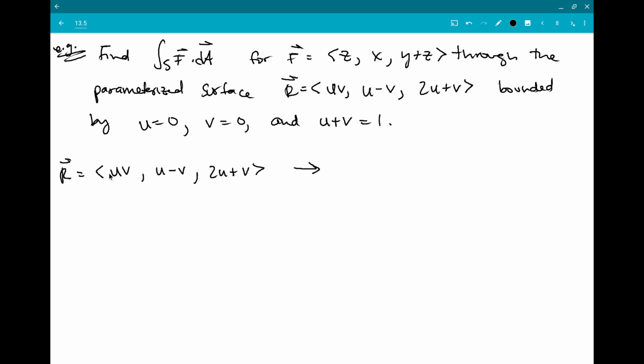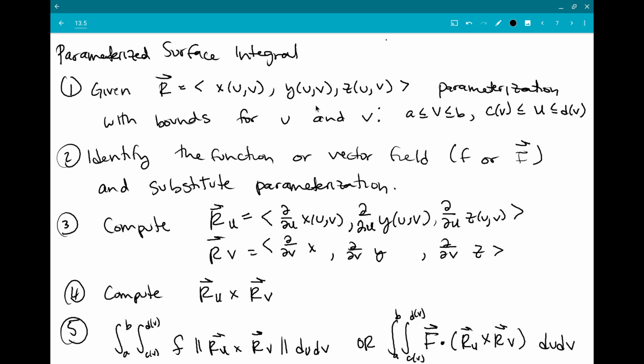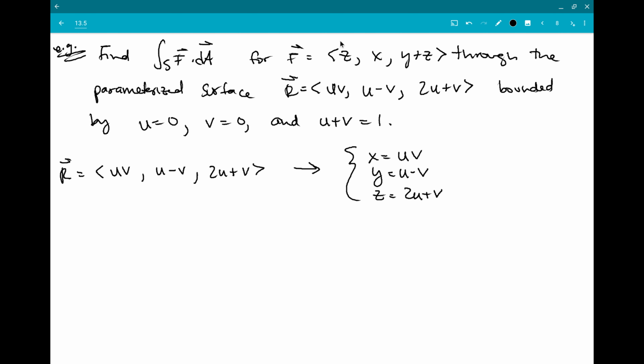That tells me that I'm looking at the parameterization where x equals uv, y equals u minus v, and z equals 2u plus v. The reason I'm writing it in that format is because I know I'm going to have to substitute the parameterization into my vector field F, so it helps me to see what the x, y, and z are to plug them in real easy. And then I have bounds that were given to me for the parameterization.